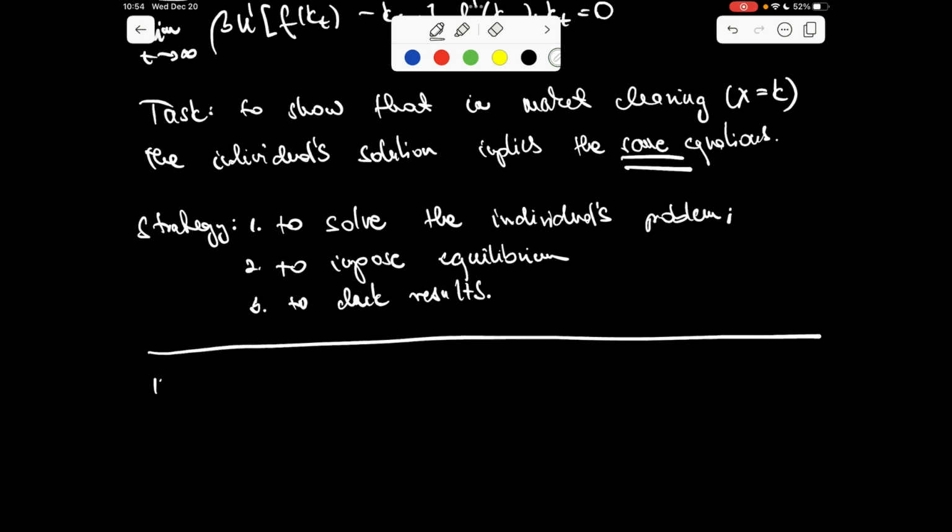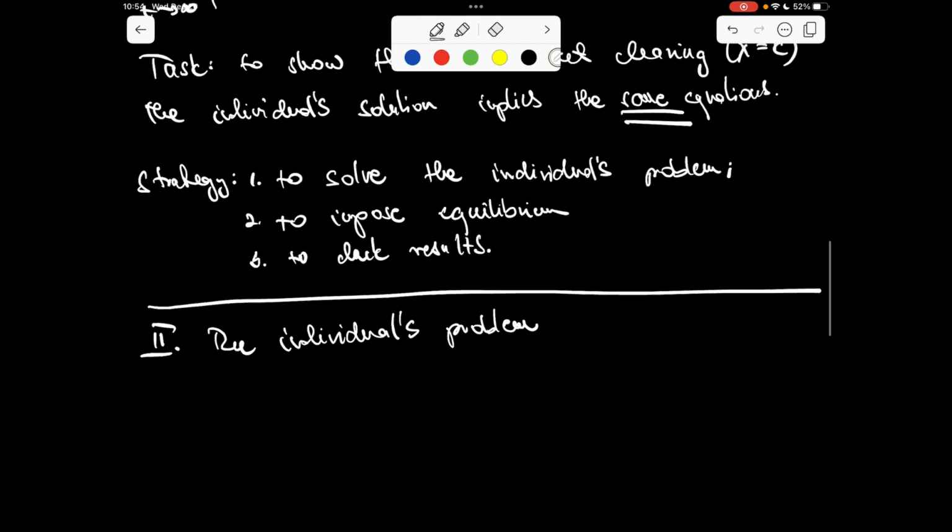So now let's turn to the second part of this exercise, the individual's problem. Please note that we have a setting in which the individual might have a different capital stock from any other agents in the economy. So we have a different Bellman equation.